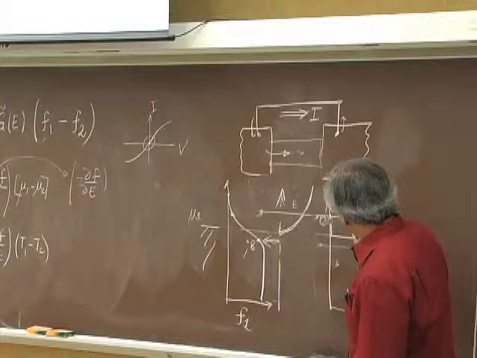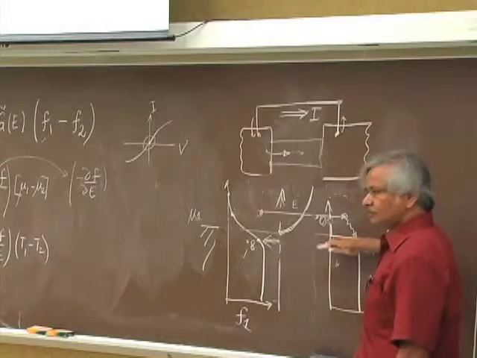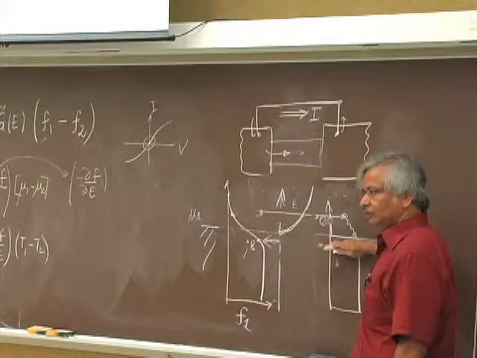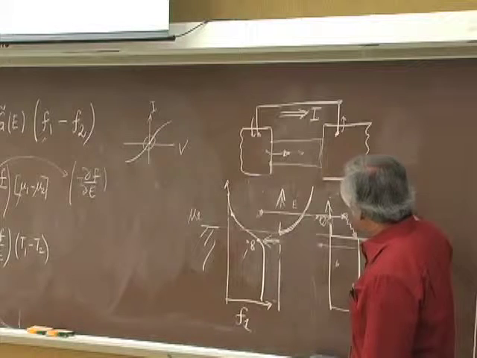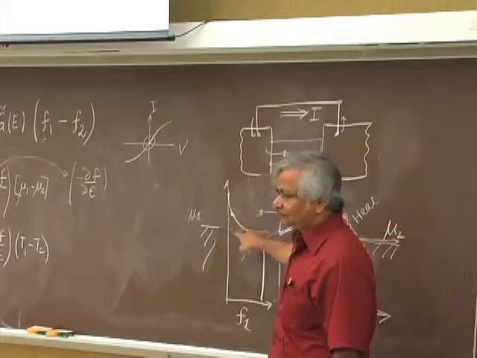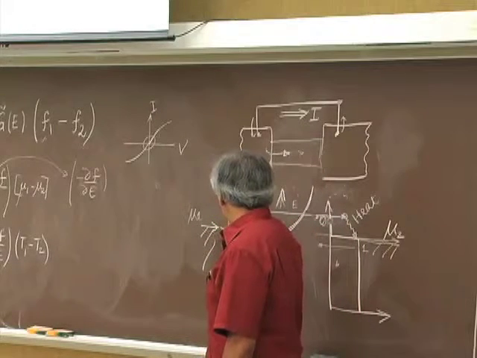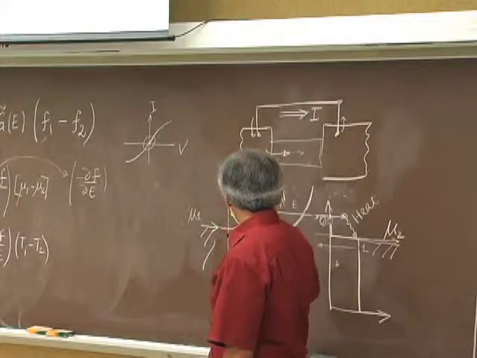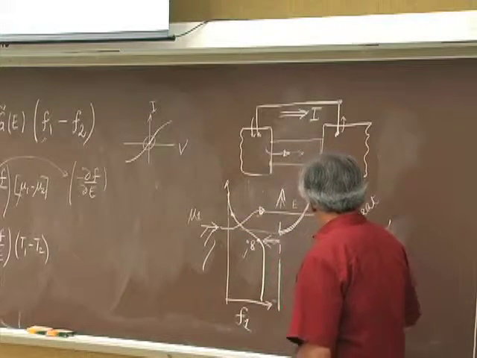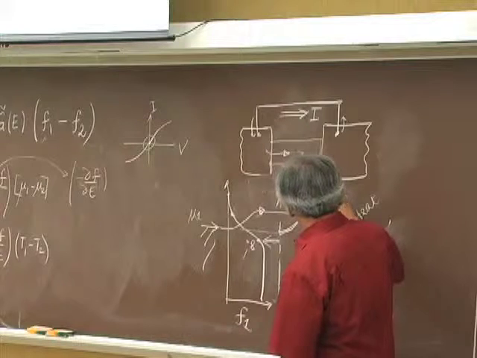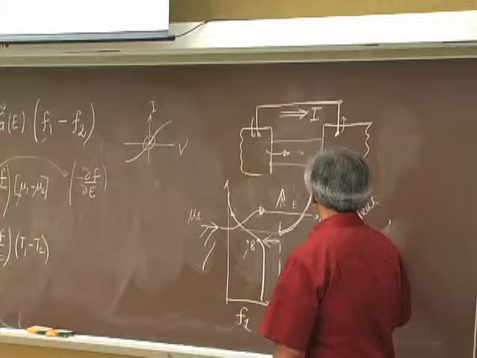It gets rid of this energy into the contact, and when it gets out of the contact, the electron is roughly around mu2 down here. So it goes through here and heats it up. But look at what happens here. It had to go up in the first place, because what comes in from the contact is here and it had to go up in order to get through. So right now we are thinking of the same temperature, but there is a difference in mu1 and mu2. So this is mu2.